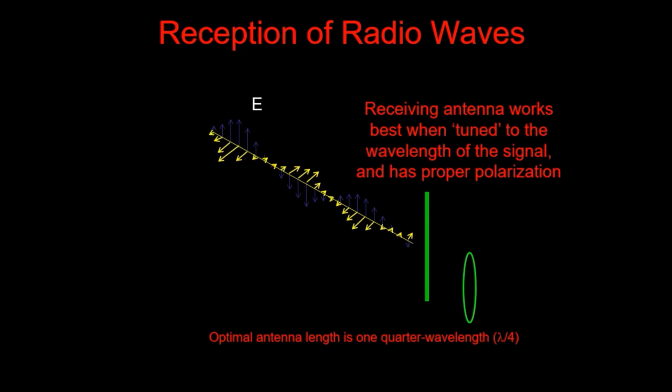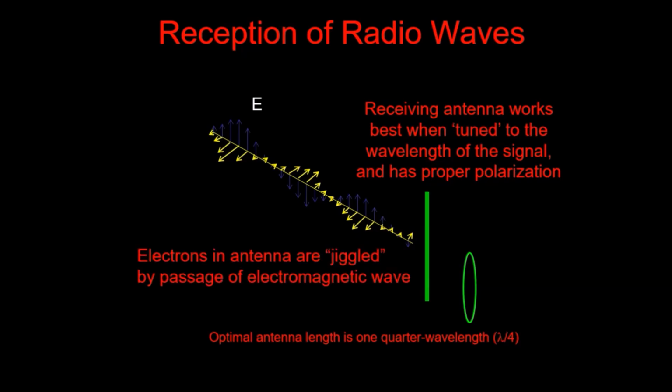And that's what tuning a radio essentially does. I realize jiggled is not exactly the most scientific term. As the electromagnetic radiation passes through the antenna, it jiggles the electrons at a specific frequency, and only that specific frequency, and translates your electric and magnetic wave back into sound by using a speaker.